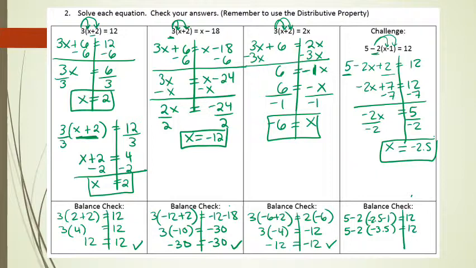And so looking at this here, 5, and then I have negative 2 times negative 3.5. So if I had 2 groups of 3.5, I would have 7. And it's a negative times a negative, so this becomes a positive 7. And so 5 plus 7, we get 12. 12 equals 12. We're balanced and we're done.